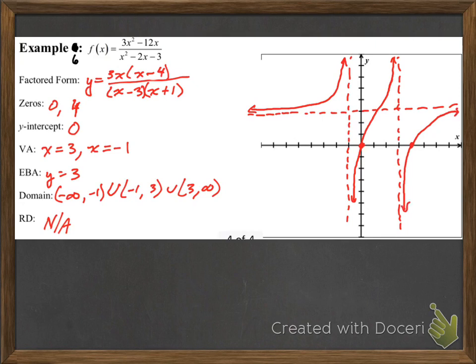Now, remember that this is an end behavior asymptote, which means the graph can cross that asymptote locally, but it's what happens at the ends of our graph as we go to positive and negative infinity that matters. So as our graph goes to positive infinity, this graph does approach that asymptote. And as you go to negative infinity, the graph approaches that asymptote as well. This one from the top, this one approaches it from the bottom, but it's still an asymptote.